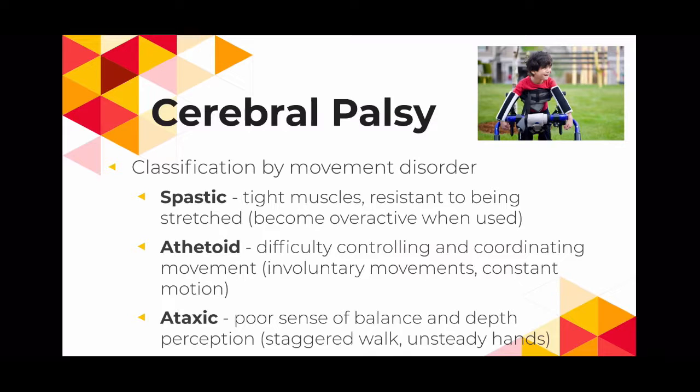So for instance, we could pull a word from the last slide and from this slide to better understand the impairments of a patient. So for instance, we could describe an individual with CP as spastic diplegia, which means that they have tight muscles in all 4 limbs, but more so their legs.